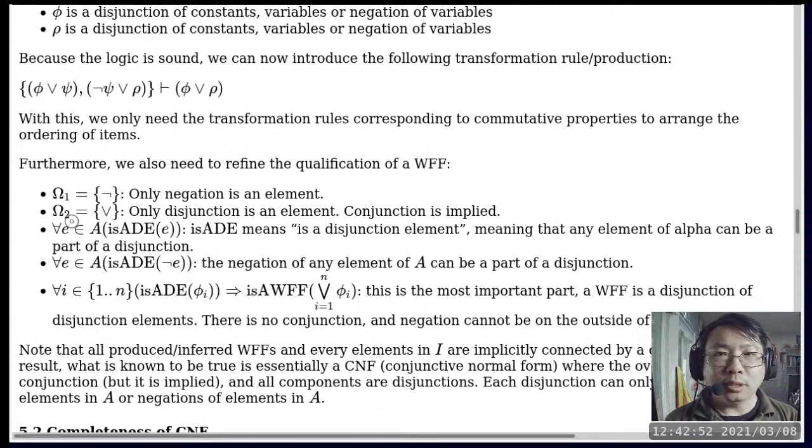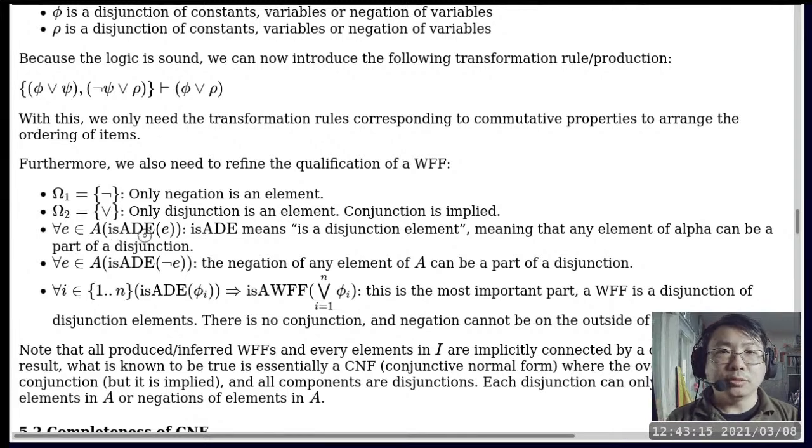The second one is we also want to redefine omega 2, and this time only to have OR. In other words, I got rid of a whole bunch of stuff. Implication, gone. Conjunction, gone. Is equivalent to, which is if and only if, gone. We only have one single thing left, which is disjunction.